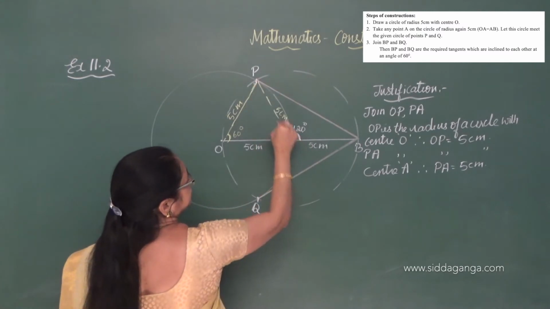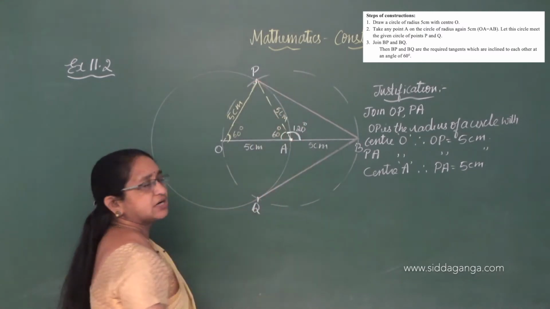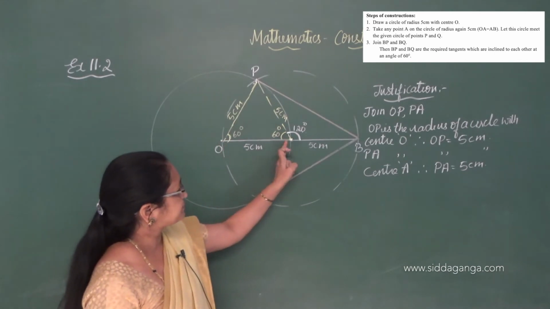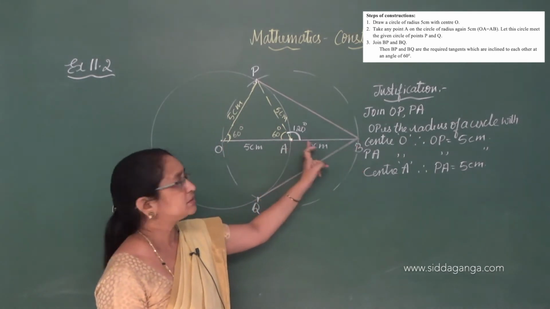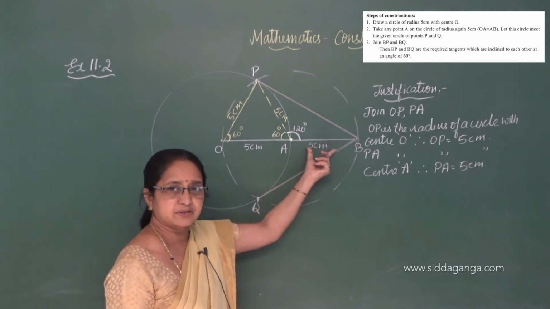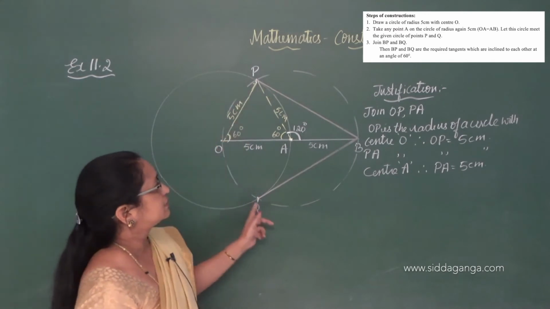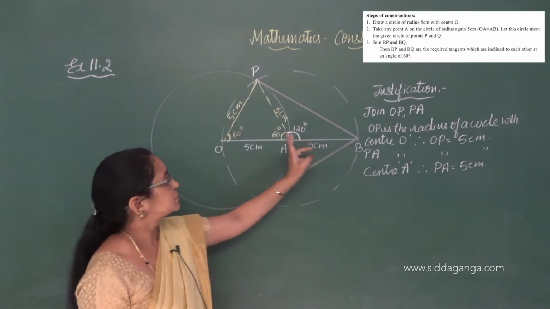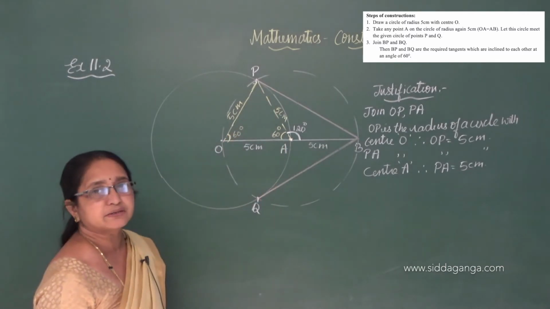So this is the radius of that circle, so this is also 5 centimeter because I told you, I extended this OA to B, that is OA is extended up to B such that AB is equal to 5 centimeter. So with that radius, I have constructed the circle, correct? So because of that, this is 5 centimeter.